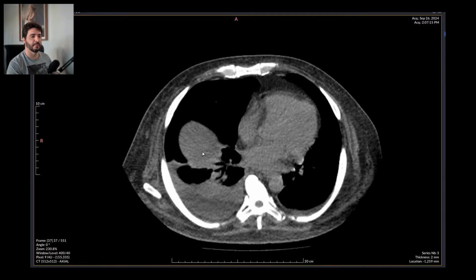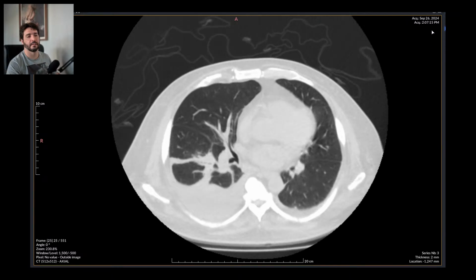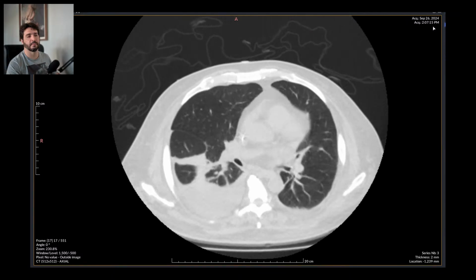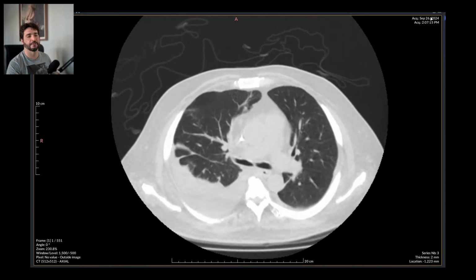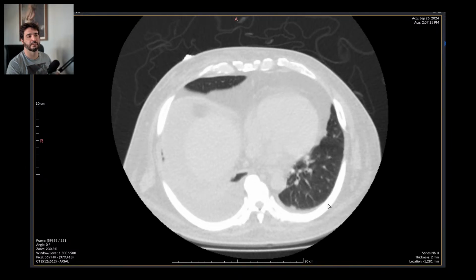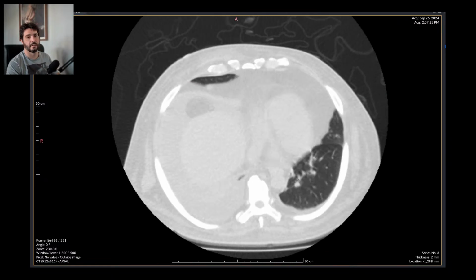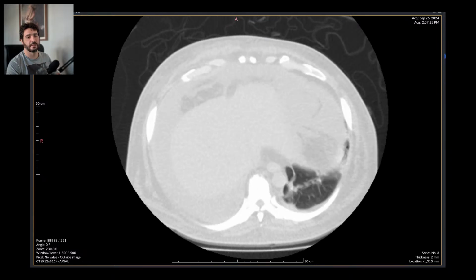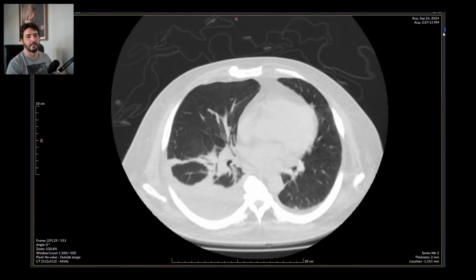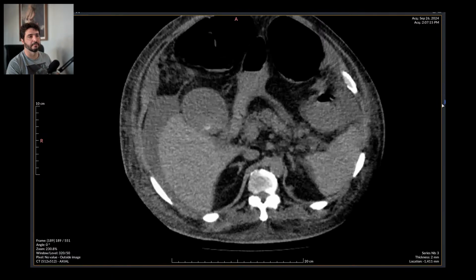There is at least a moderate pleural effusion on the right lung, and atelectasis, probably consolidations on the right lower lung, also a mild pleural effusion on the left, right there, with corresponding atelectasis of the other lung. Oh boy.